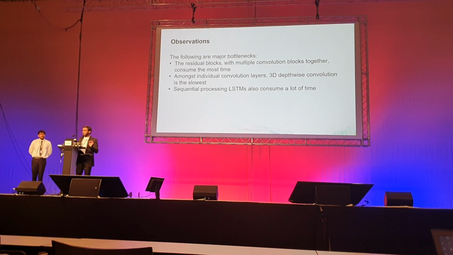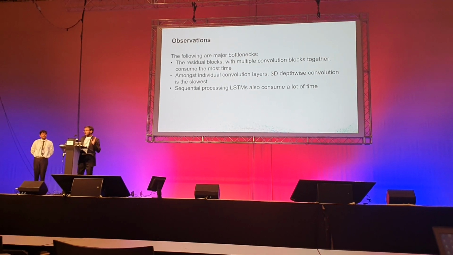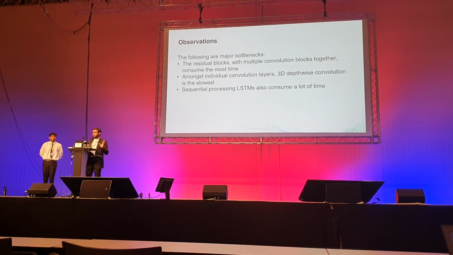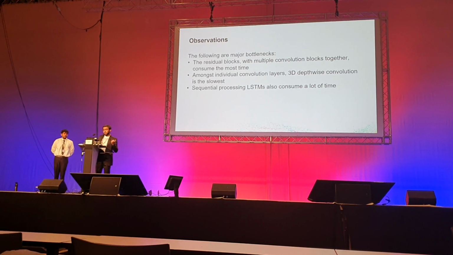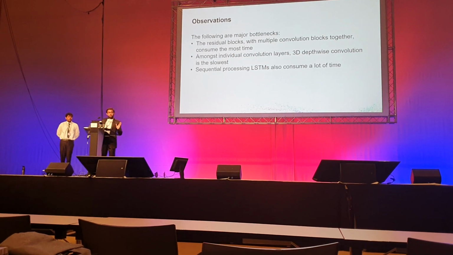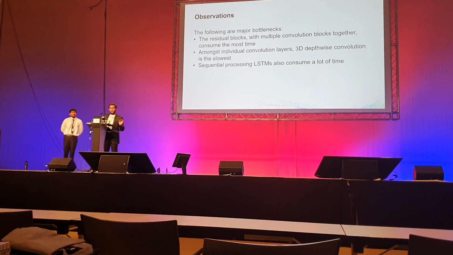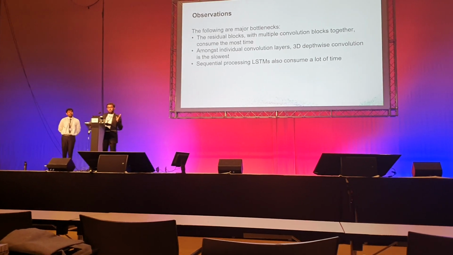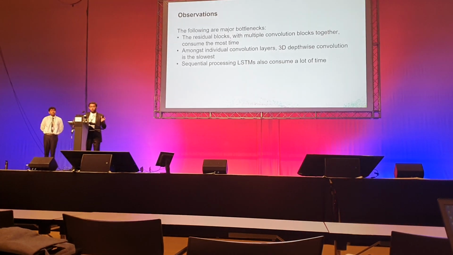There were three primary observations which we drew from the profiling experiments which we performed on the LSTM plus ResNet state-of-the-art model, and these were as follows. The first, the major bottleneck in that particular model was the stack of residual blocks.